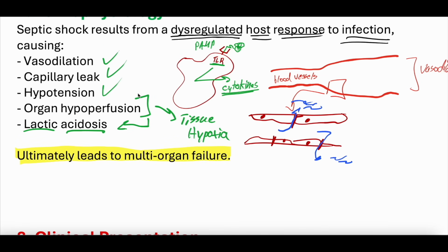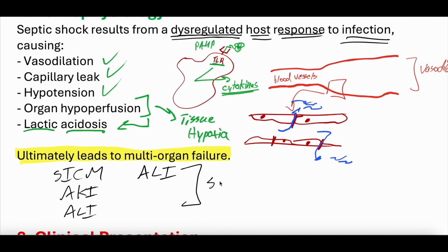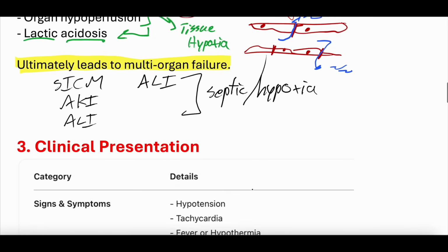You can get sepsis-induced cardiomyopathy, which is injury to the heart. You can certainly get acute kidney injuries or AKIs. You can get acute liver injuries or ALI. You can get acute lung injury, another ALI. All of these things can result from septic shock once you start to get that tissue hypoxia.